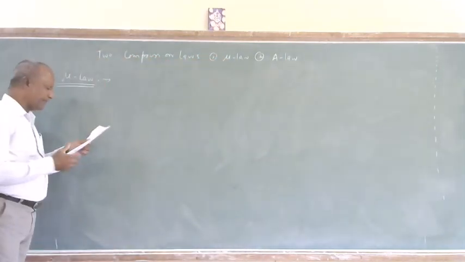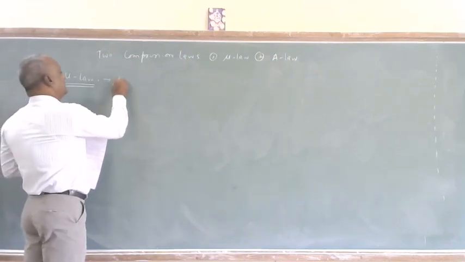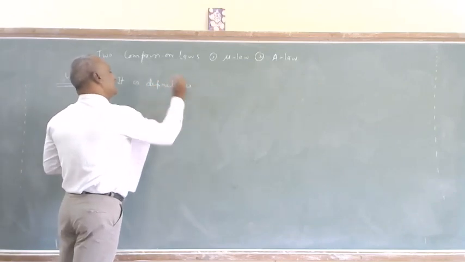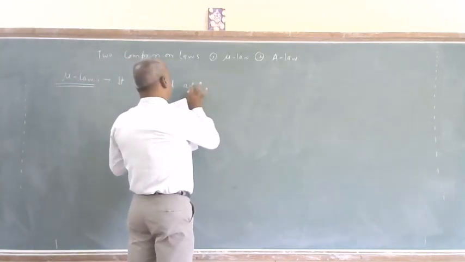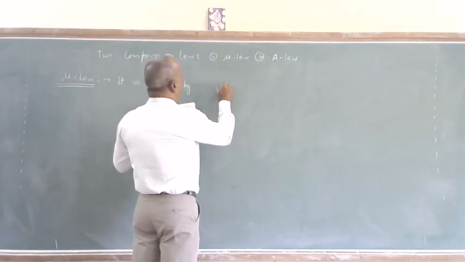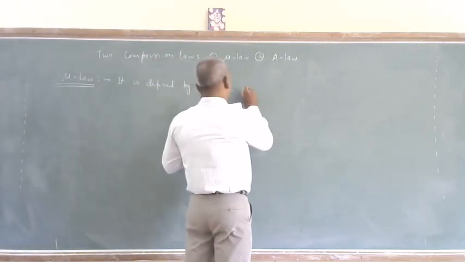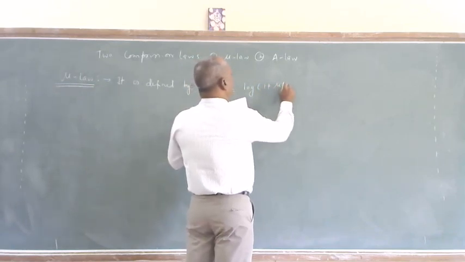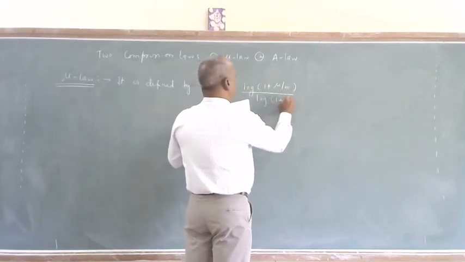Okay, the mu law is defined as how you want to compress. It is defined by modulus of V, the output of the quantizer: modulus of V is equal to log of 1 plus mu times m, divided by log of 1 plus mu.